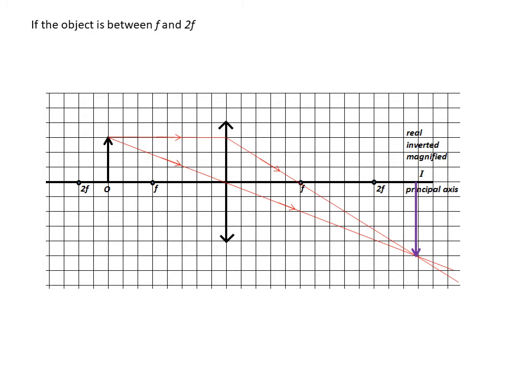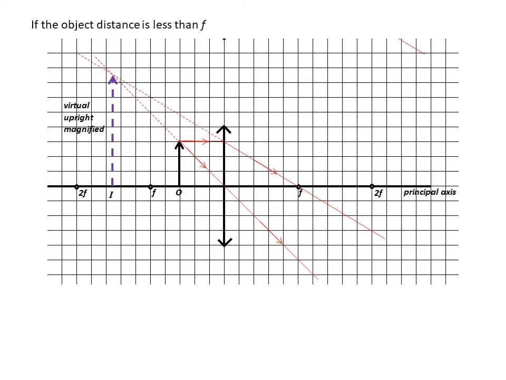So the last one is what happens if you place the object within the focal length. Now that's something a little bit different. What we've got here is a virtual image. We draw in the ray from the top of the object going through the center of the lens. We then draw the ray parallel to the principal axis and going through the focal point.